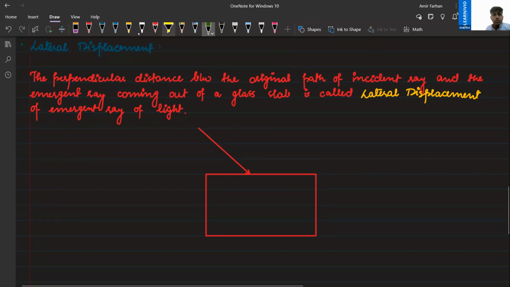So this is your normal. So everyone, where will the light ray refract if it's going from air to glass? After refraction, where would the light ray go?